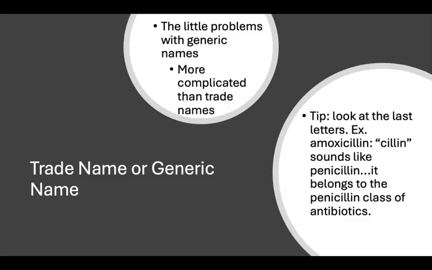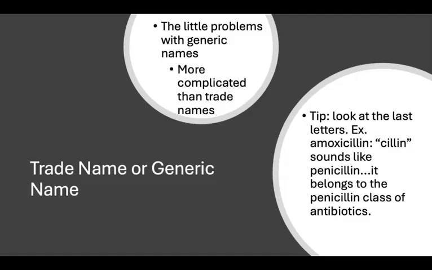Now, when you think about the generic name of a drug, it's true that the generic name tends to be longer and a little more complicated than the trade name. The generic name is pretty general in terms of what it tells you about the medication.